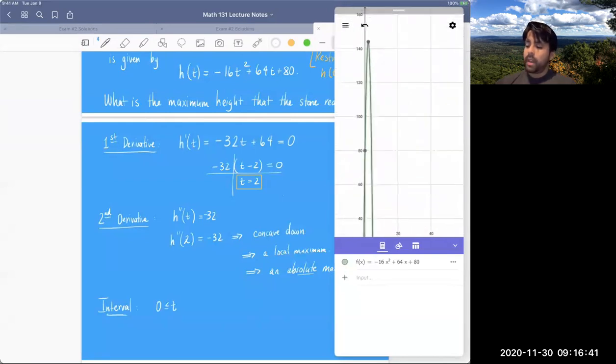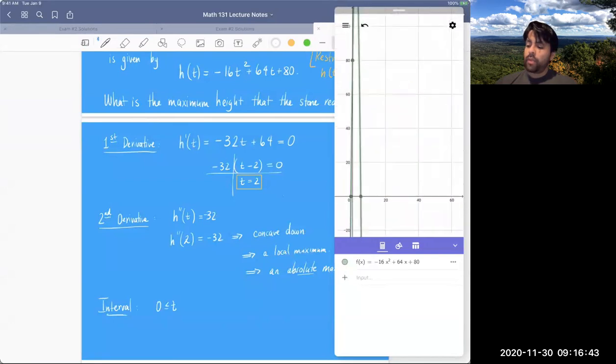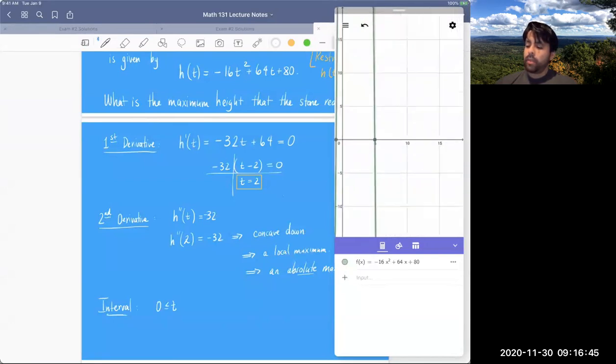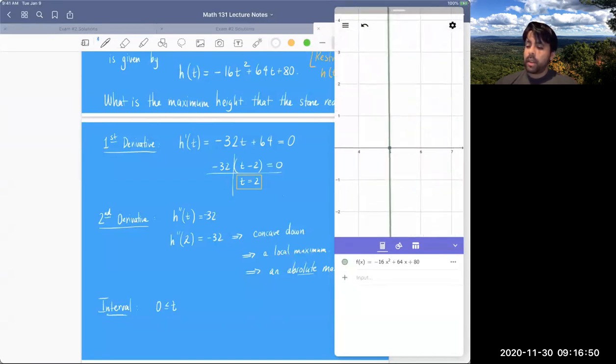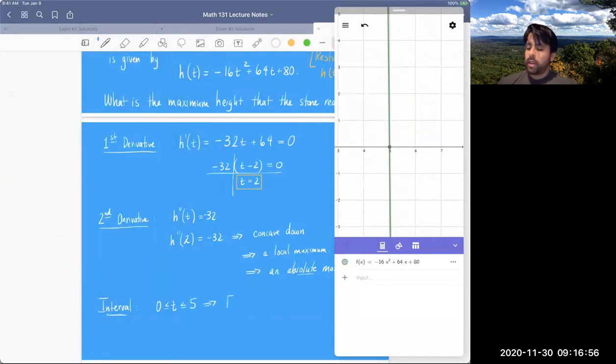And then what happens? The stone falls. It falls and it hits what? It probably hits the floor, and hits the floor exactly at 5 seconds. So my interval is really between 0 and 5. Even though they don't tell us this, this is my interval, guys. It's 0 to 5. Why is it 0 to 5?